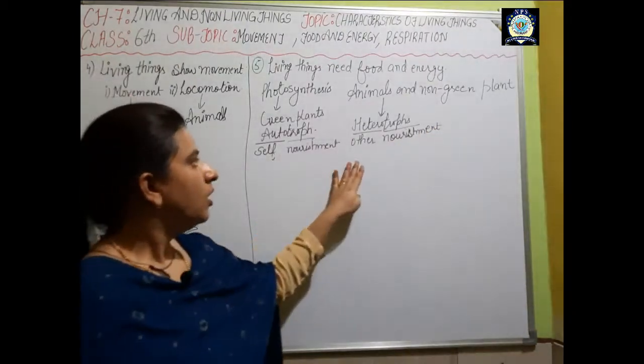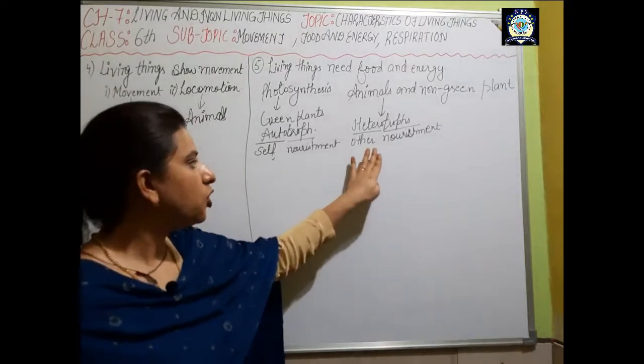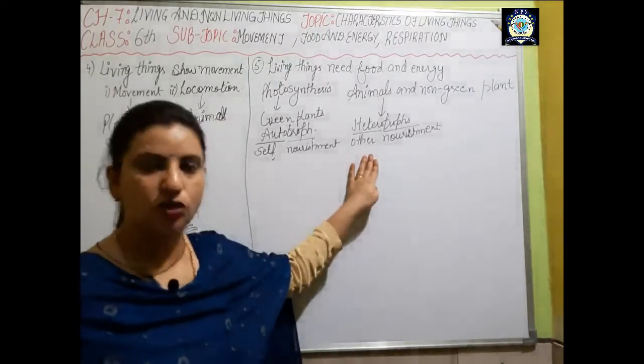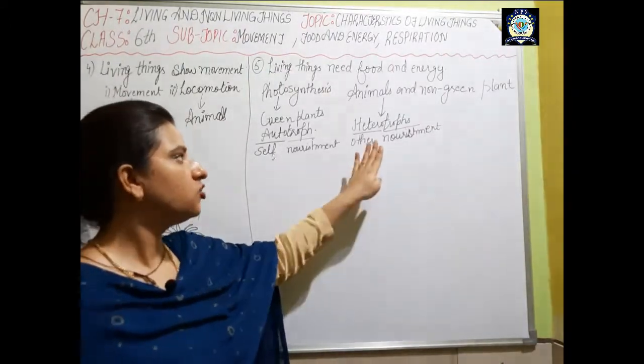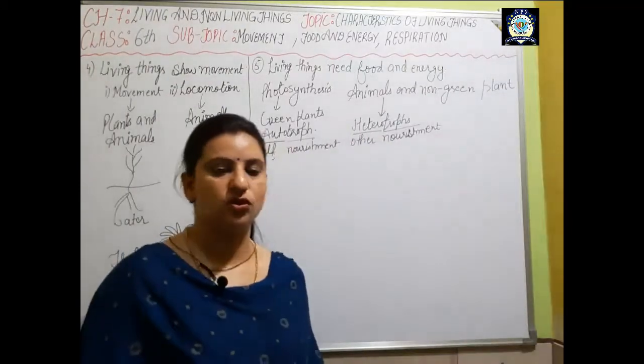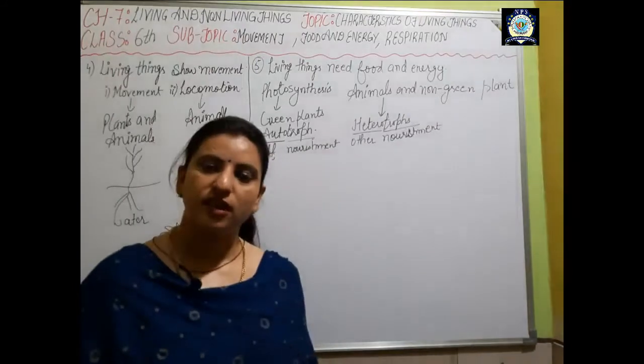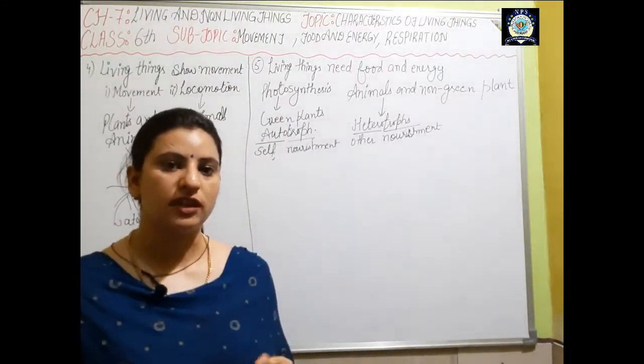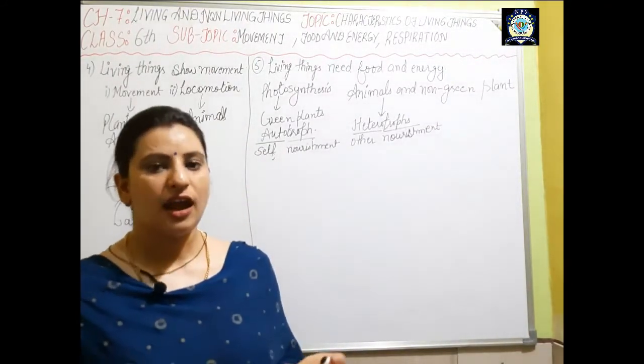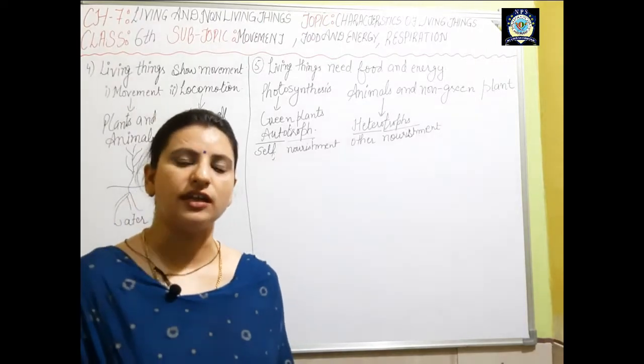So animals are those which depend upon other organisms for their food, for their nourishment. That's why they are called heterotrophs. And when plants, animals, non-green plants and humans eat food, energy is released in our body, and that energy is utilized to do the daily work.